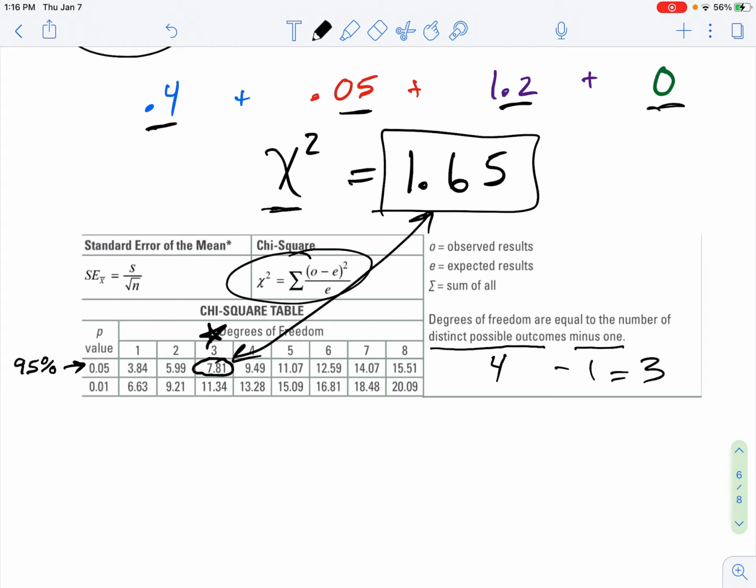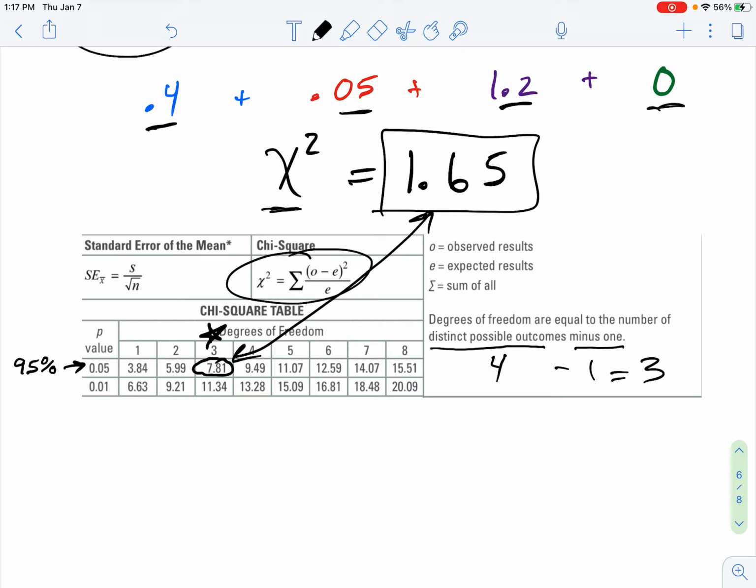Well, since our number is less than that, there's not much deviation. There's not much going on different. A chi-square of 0 would be exactly what we expect here.